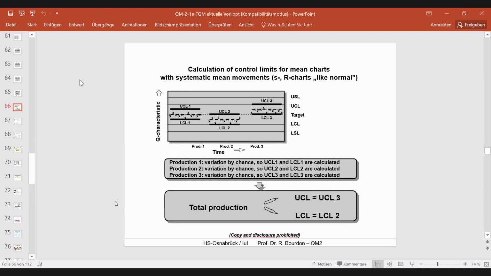Here's some special things. In many cases, you have a production 1 here, and this production has a mean value and a standard deviation. You can calculate the control limits for the control charts. Then you stop the production because you have produced enough products.